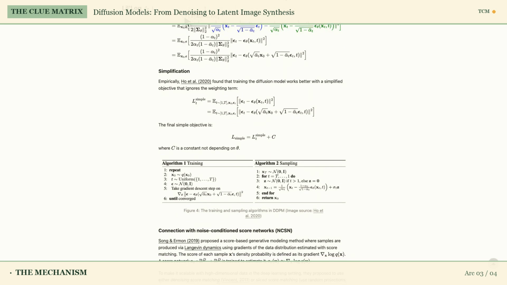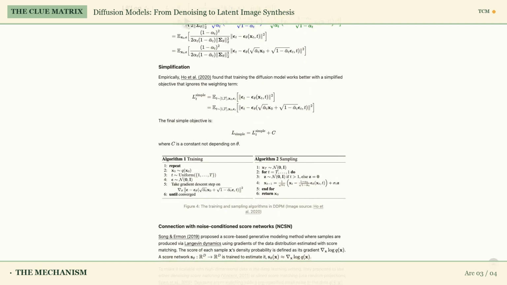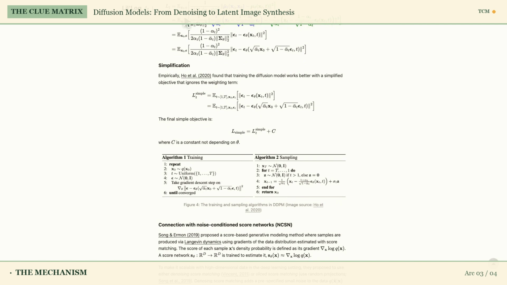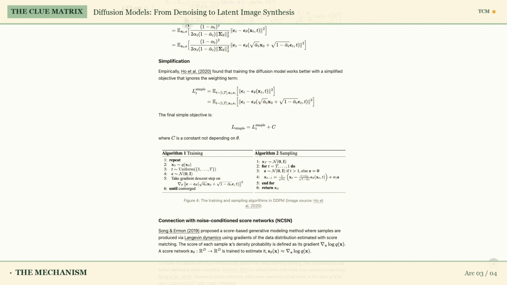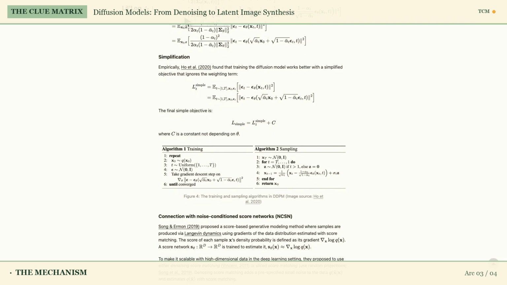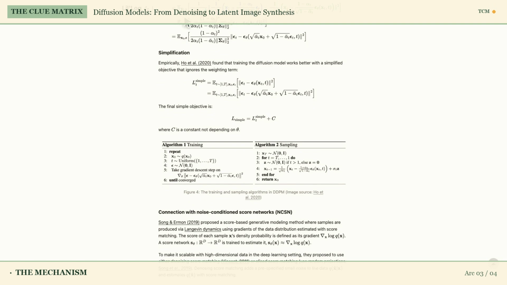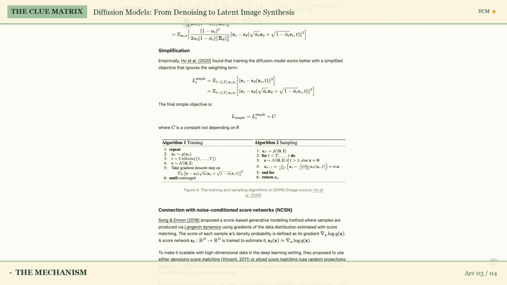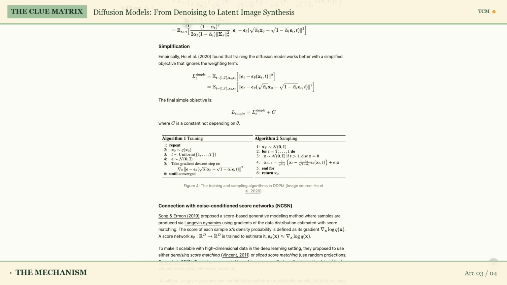More precisely, the predicted noise epsilon theta of xt is related to the score by nabla xt log q of xt approximately equals minus 1 over square root of 1 minus alpha bar t, times epsilon theta of xt. By predicting noise, the DDPM is implicitly learning this score function.